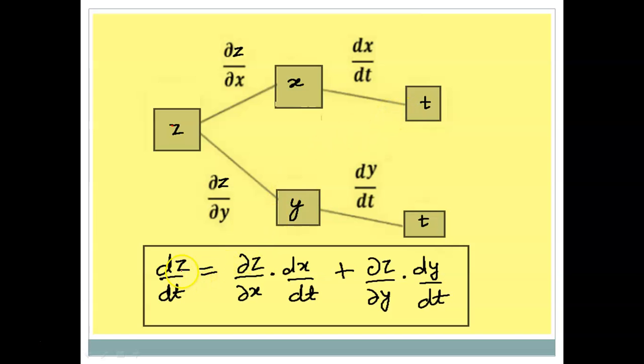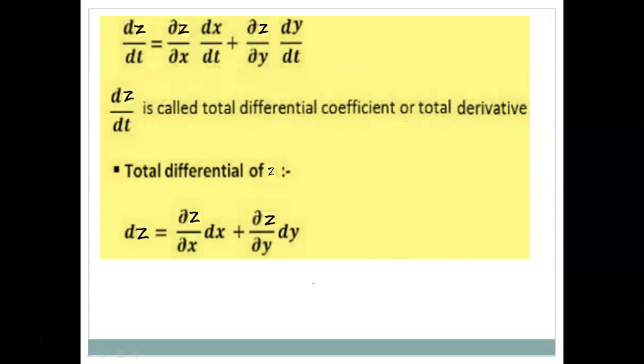Then the formula for dz by dt will be like this: ∂z/∂x into dx/dt plus ∂z/∂y into dy/dt. So it is the formula for the derivative of this composite function.